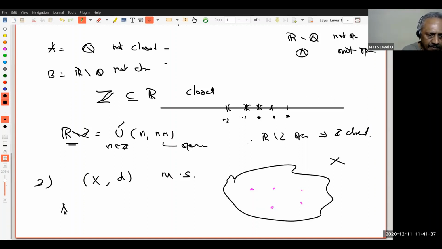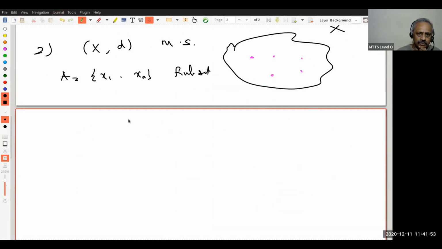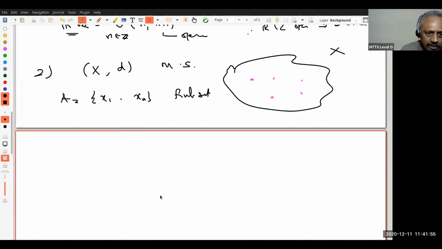So my A, if you want, let me write it as {x1, x2, ..., xn}, a finite set. Okay. Can you say it is closed? Can you see that it is closed? To show it's closed, what should I do? Look at X minus A. X complement A should be open. That's what I have to answer.